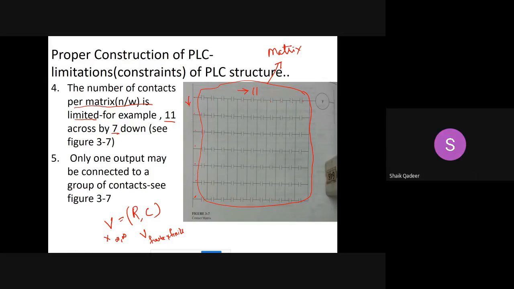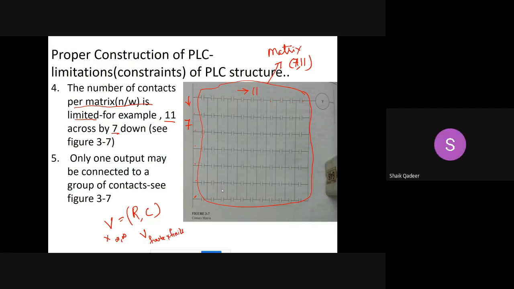So this matrix size is how much? 11 by 7, or you can say 7 by 11. Hope it is clear to everybody. Yes, sir. How easily the 10 mark question is getting understood, right?